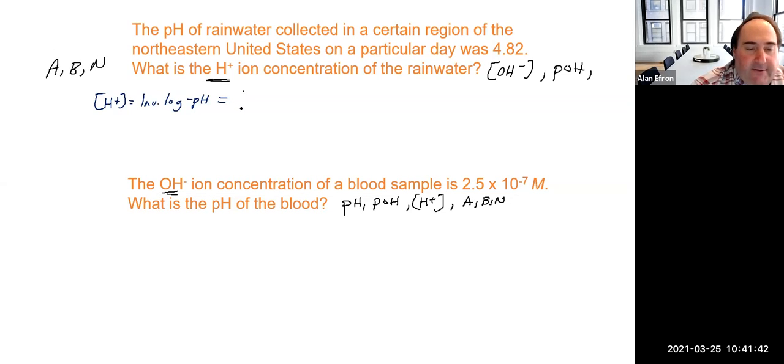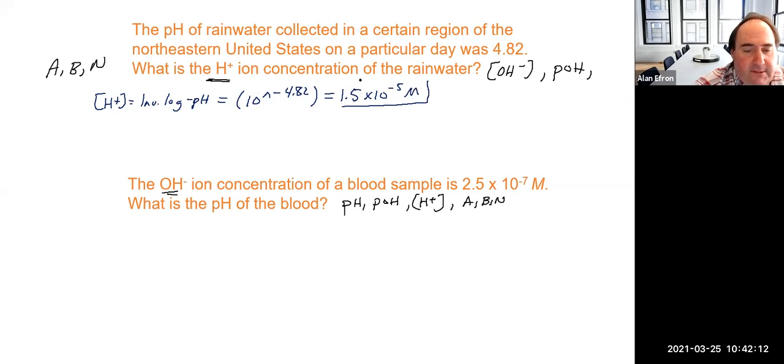And it usually will pop up a 10 and a caret on most people's calculators. You want to make sure that you do a negative, not minus like subtract, 4.82. And if you do that, it looks like you will end up with 1.5 times 10 to the minus 5. Again, this is a concentration, so it should have a unit associated with it there.